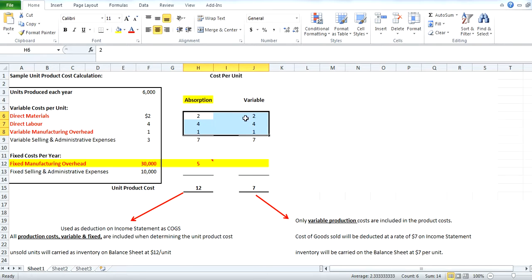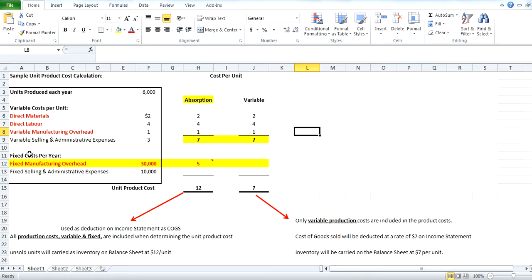Then if you take a look at the summary here, you'll see that the $2, $4, and $1 apply whether or not you're using absorption or variable costing, okay? So we can say that for under both scenarios, our variable production costs are $7 equally amongst the two, okay? So this doesn't change.